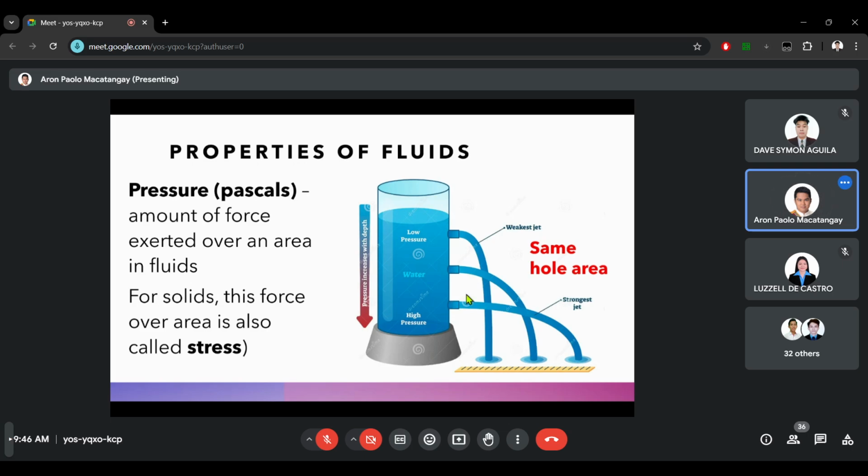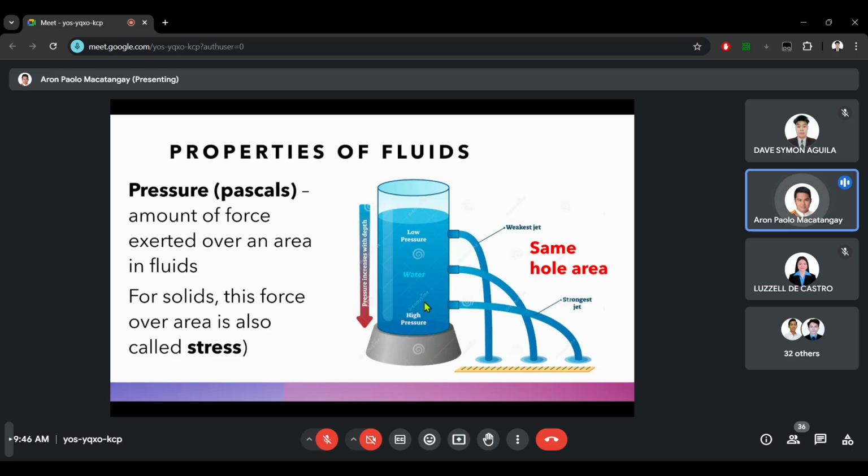Since these three holes have the same area, a larger pressure would mean that the fluid is experiencing a larger force.